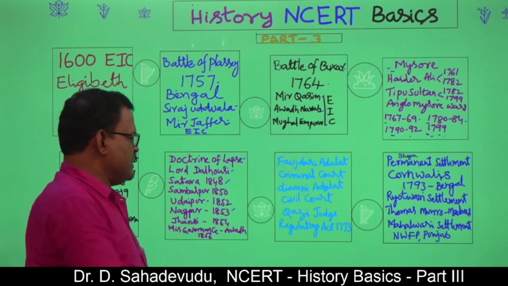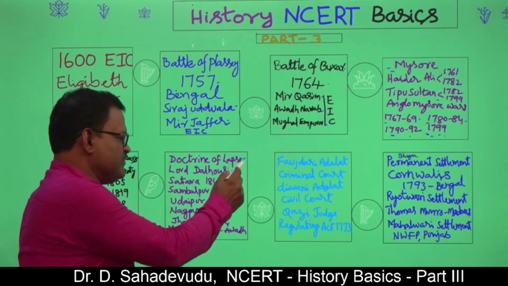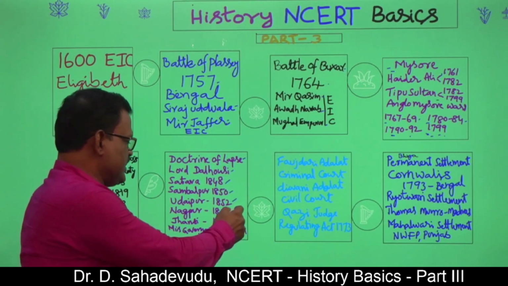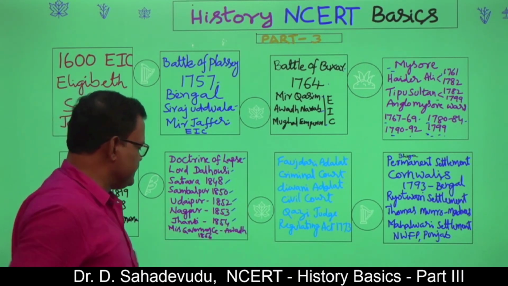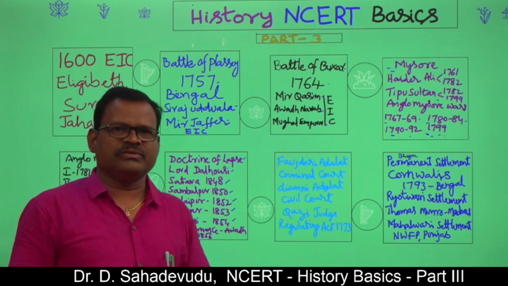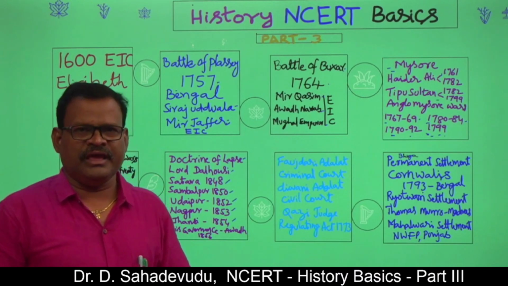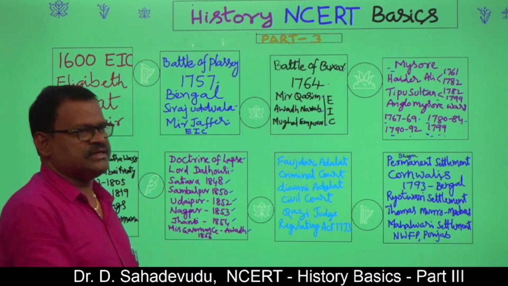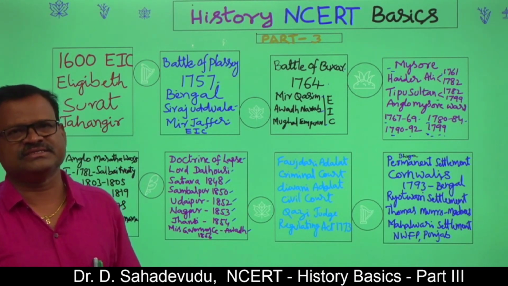Satara in 1848, Sambalpur in 1850, Udaipur in 1852, Nagpur in 1853, Jhansi in 1854. Though the Awadh Nawab had so many sons, under the charge of misgovernance, Awadh was also annexed in 1856.